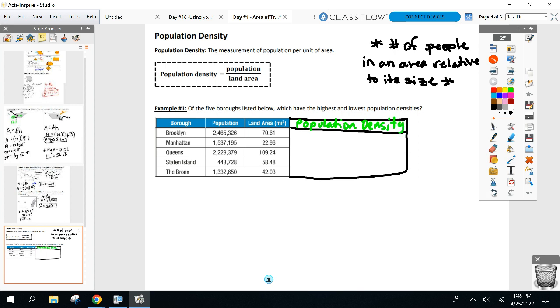And let's figure out which borough has the highest and which borough has the lowest density. So you guys have the formula now, which you're responsible for. It's not on the formula sheet. So we're going to take the population for each one, divide it by the land area, and get our population density.